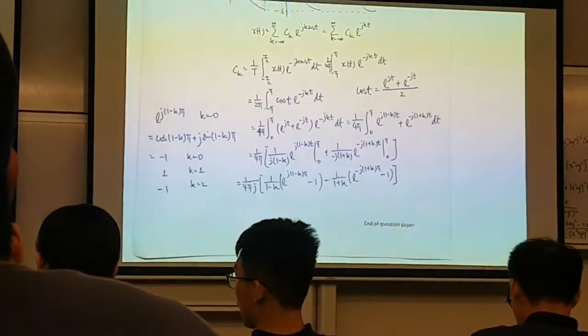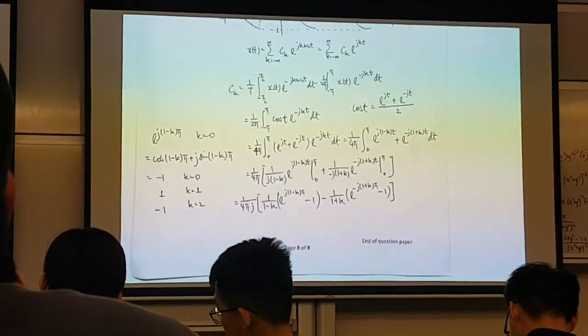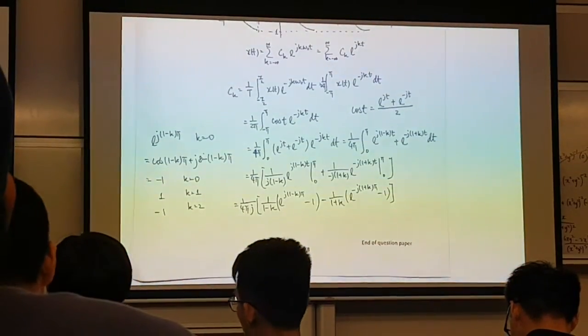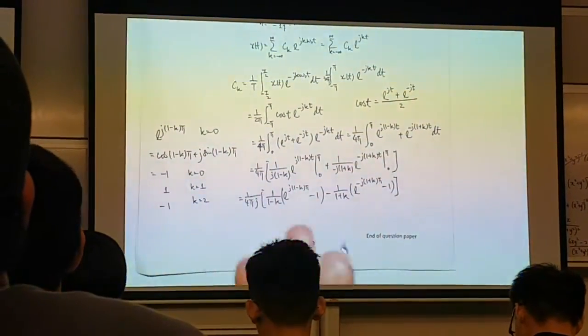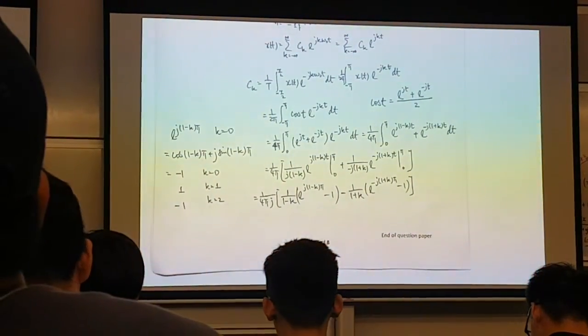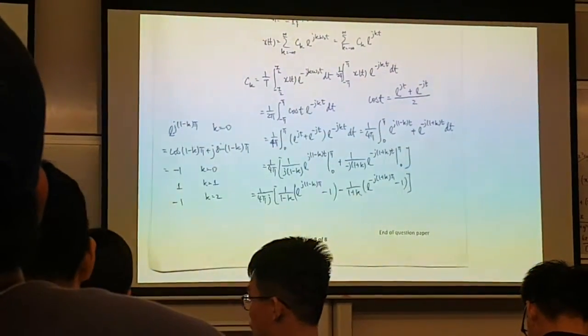Agree? Because cosine of minus pi is actually equal to cosine pi. So as a result, it's going to be equal to minus 1.